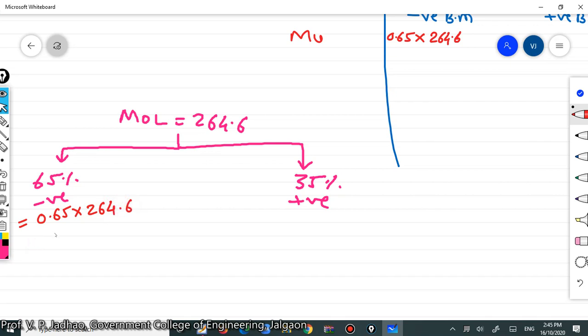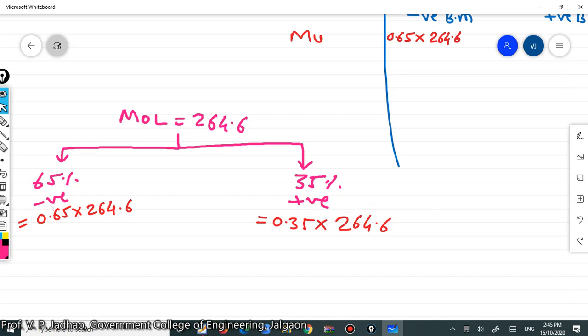Let us consider whatever some value is there. And the remaining is positive bending moment, that is, positive bending moment will be 0.35 into 264.6 kilonewton meter.